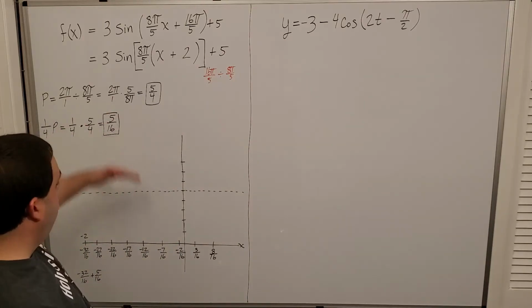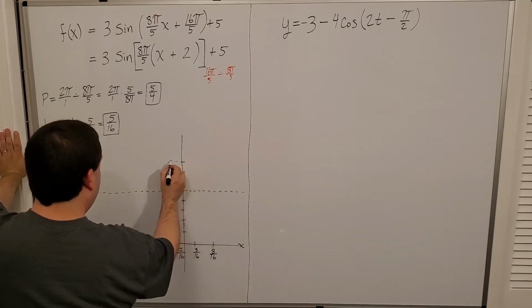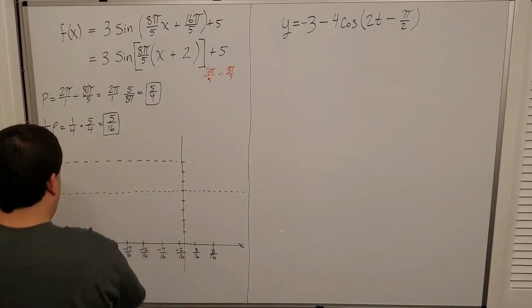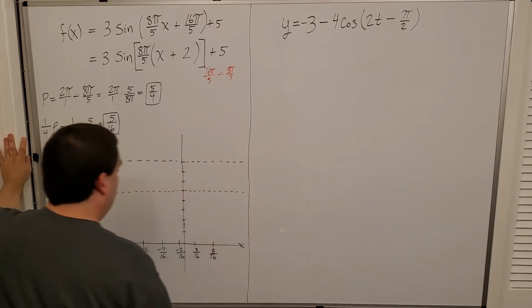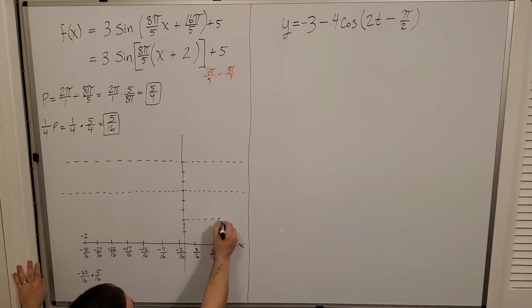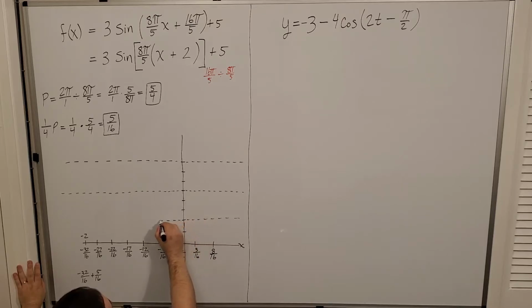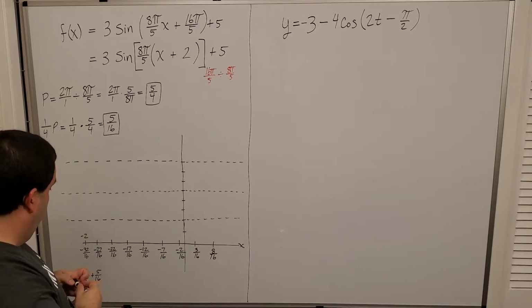And then I'm going to want to be between the 8 here, and the 2 down here. Okay.